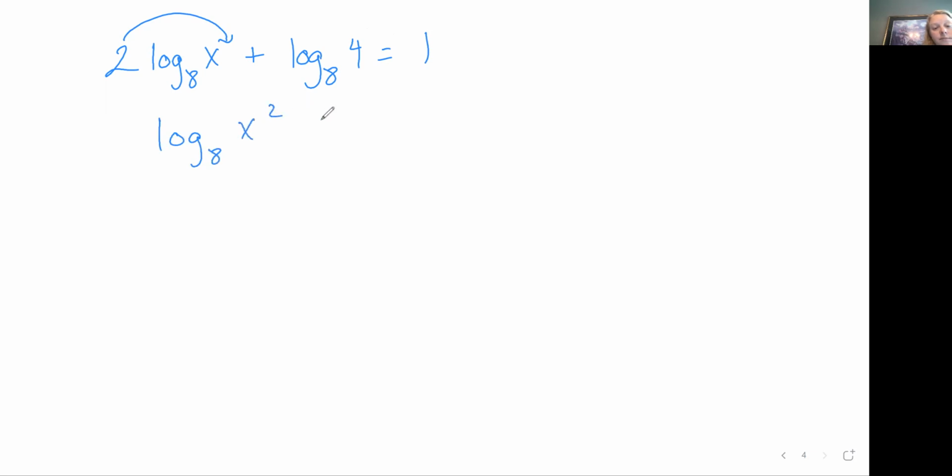Okay, let's look at a number times a logarithm. Okay, the number becomes the exponent, so it's going to change to an x squared. And then addition is going to change to multiplication.